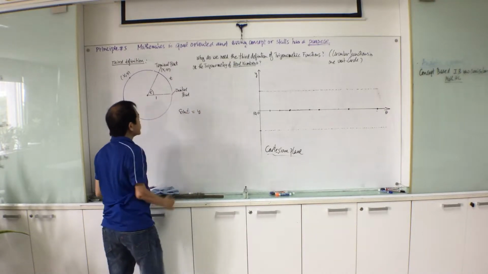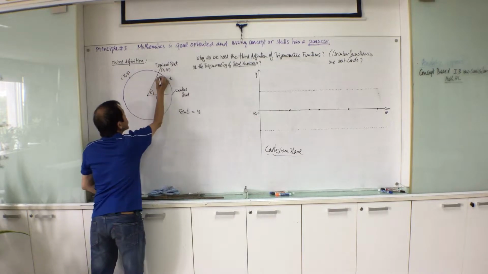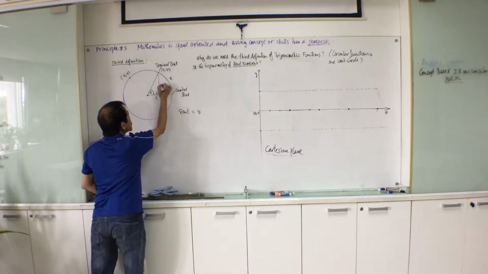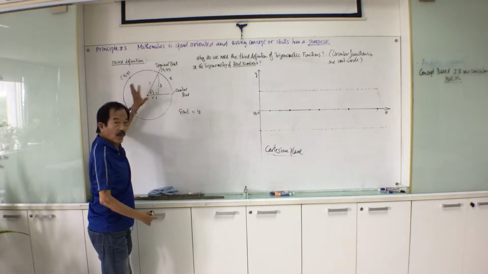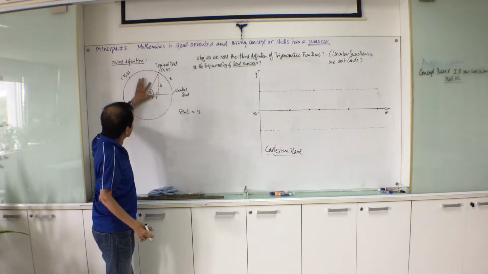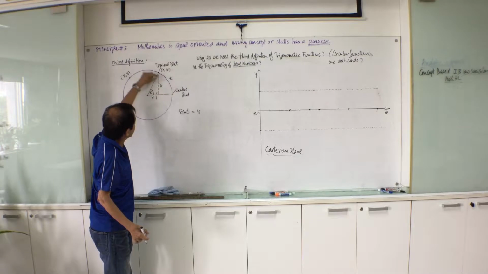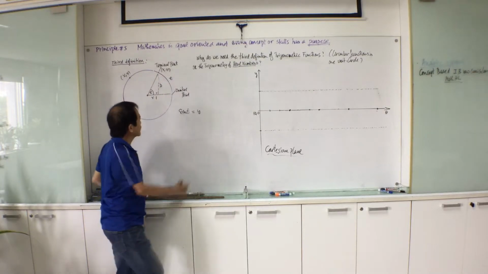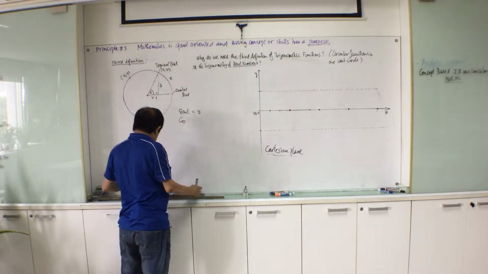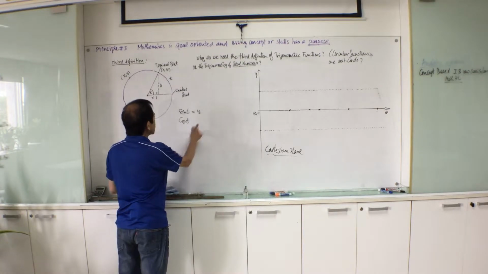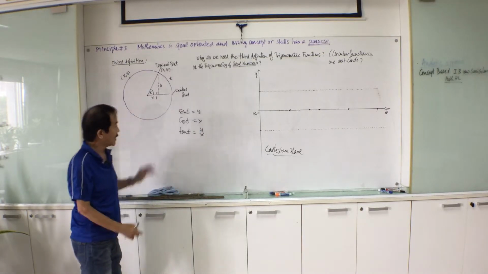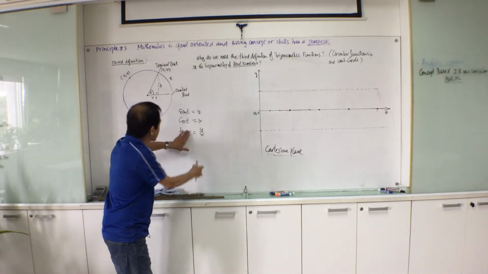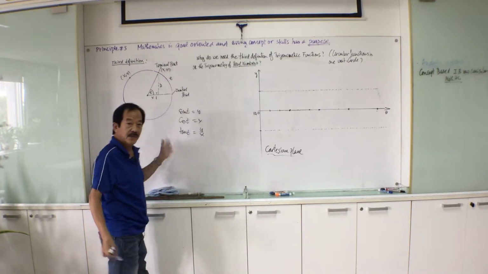Okay, sine of t equals y. The reason is, if you think of the past, this one should be y and this one is 1, right? So sine of t equals y over 1, which is y. And cosine of t equals x, and tangent of t equals y over x, the same as in the past, but keep in mind that t here is the real number.